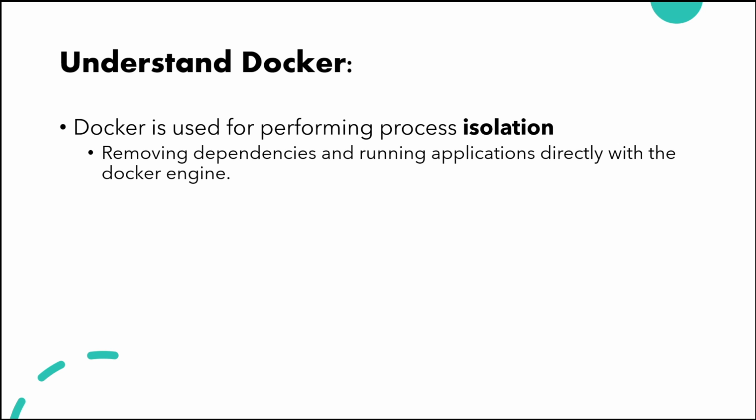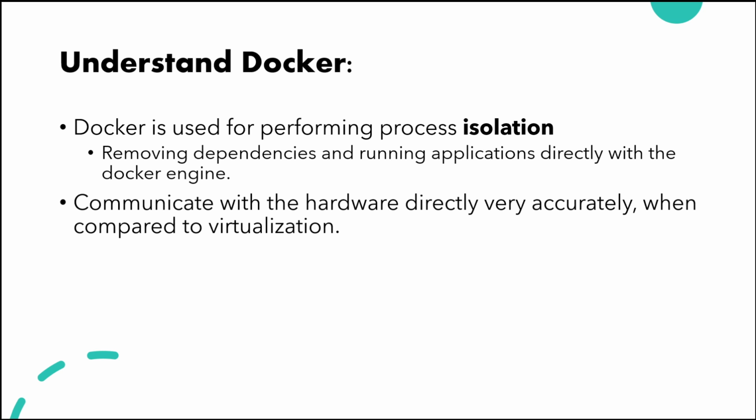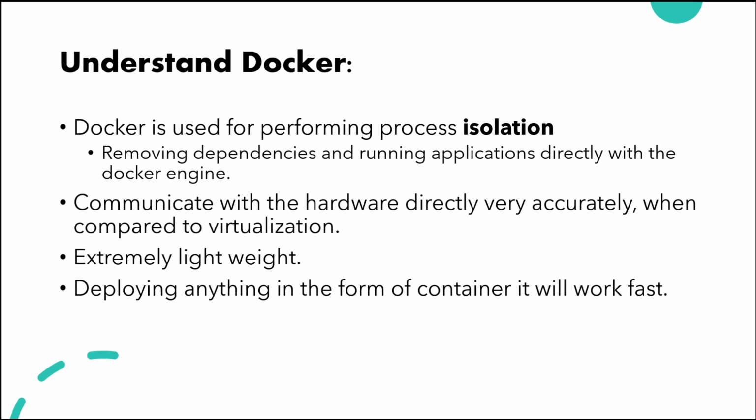And isolation means all these applications were earlier dependent on some operating system. Now you are isolating them and removing the dependency, so you are able to run those applications directly on top of the Docker engine. Communicating with the hardware directly is very accurate compared to virtualization. These are extremely lightweight, and if you want to deploy anything in the form of a container, it will work fast.